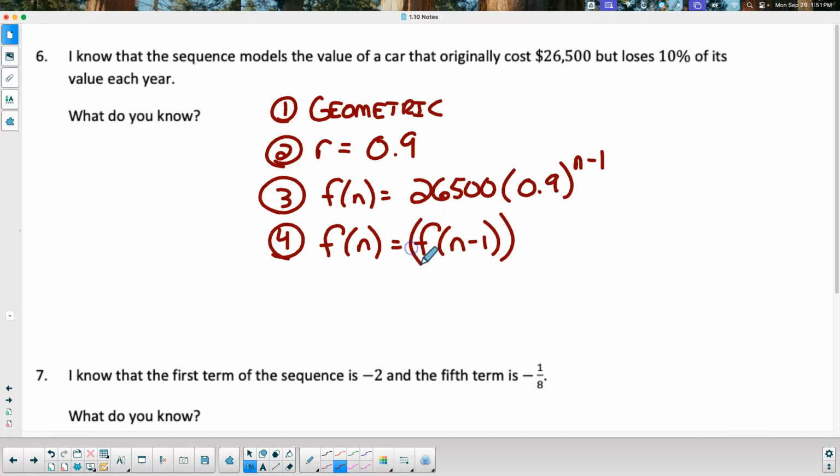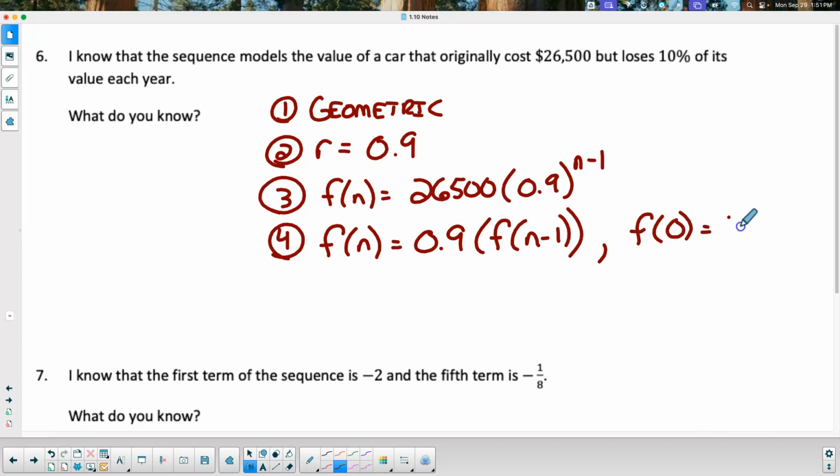Oops, I forgot the 0.9. Nope, that should have been F1.